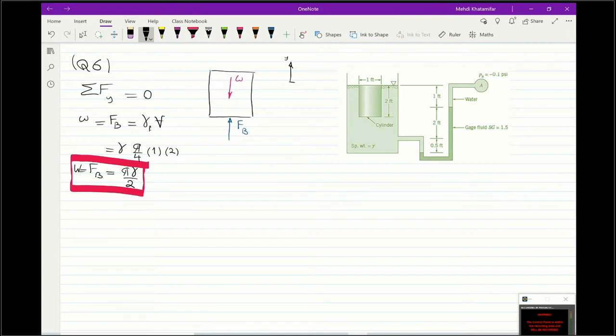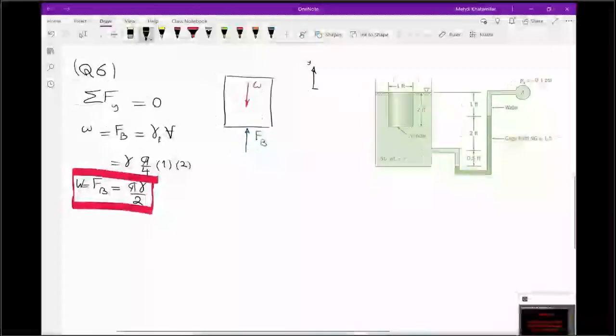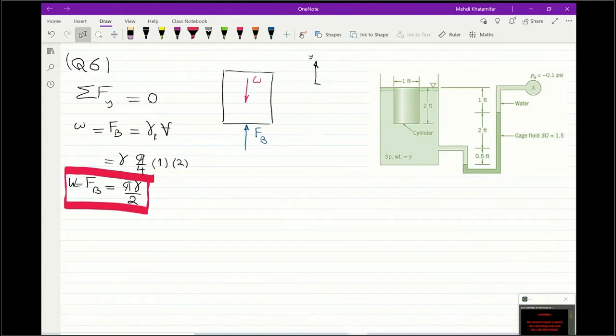On the left side we have liquid with specific weight of gamma. That's it. We don't know any other information. What is the height? It's this height. So the first one is going to be gamma times 3.5 foot.